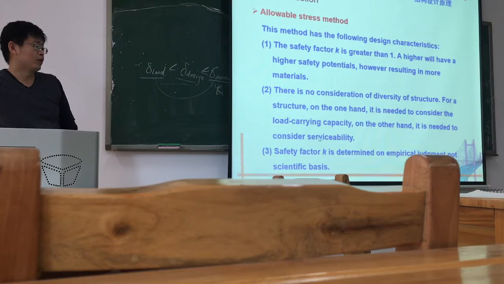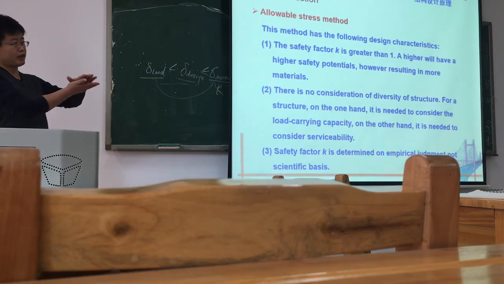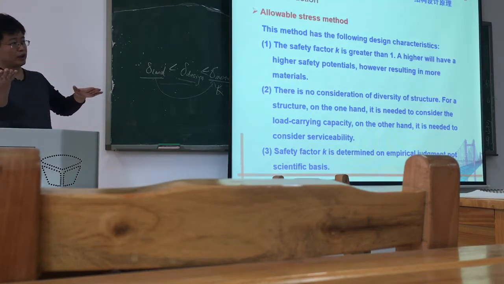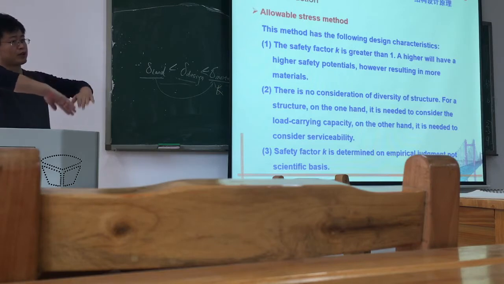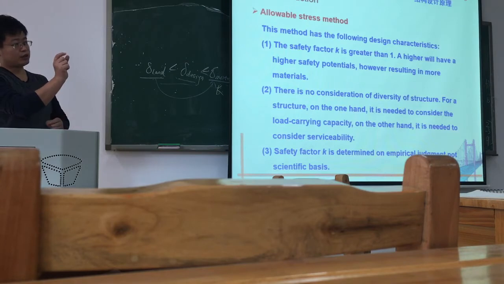Of course, I think the stress level for this is smaller than the load carrying capacity level. Serviceability is for normal use. Suppose it's a bridge, you keep its horizontal level. You cannot have a large deformation, or in the beam you cannot have a very wide crack.